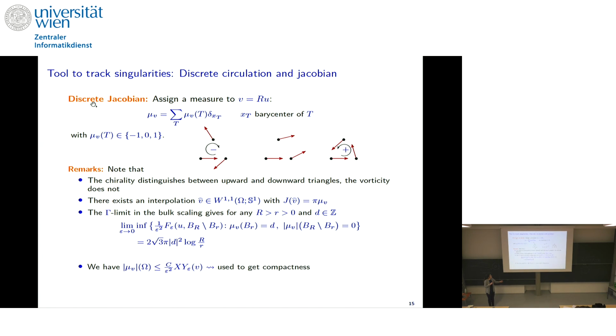And okay, this goes too far, I think. So I can use this to essentially estimate my energy again, similar to what we saw in the beginning on annuli, assuming that I have a concentration of measure value. My measure of the inner ball is equal to d, and my total variation on the annulus is 0.